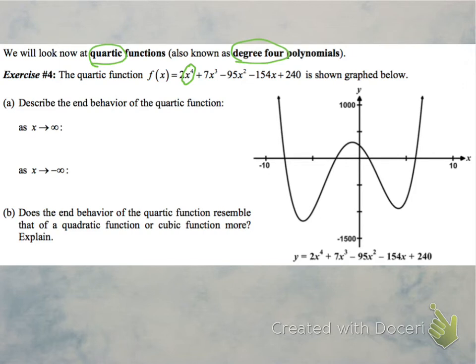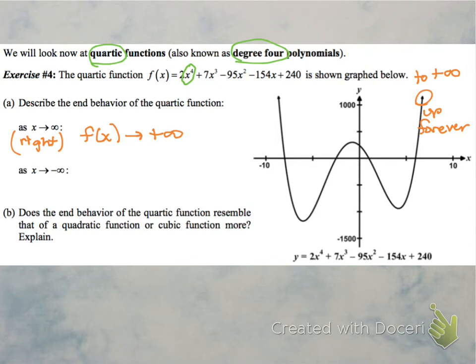So the end behavior of this one, as x goes to positive infinity, which is on the right-hand side of the graph, we see that it's going to positive infinity. It's going up forever. So we say f of x is going to positive infinity.